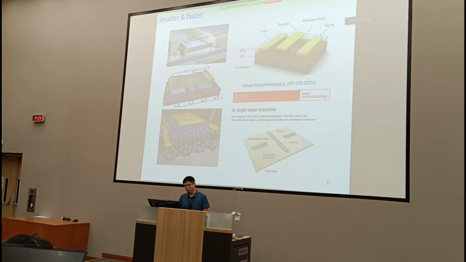About 20 years ago, or even earlier, another concept called the single atom transistor was proposed by different research groups. This is one of the device concept demonstrations from the Dichalcogenides group from Australia. Basically, they used a single atom inside the active channel to create current on and off.